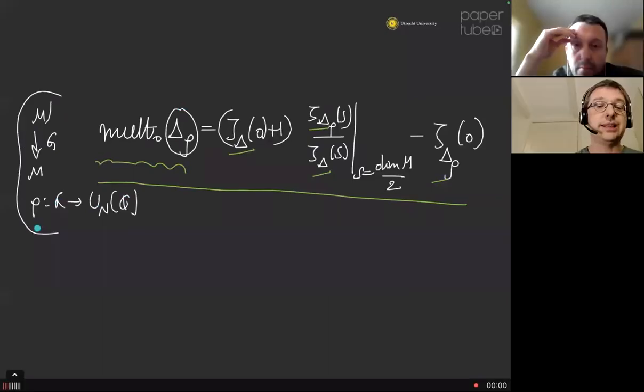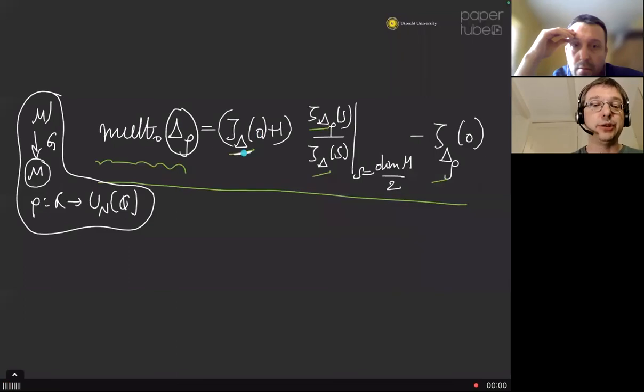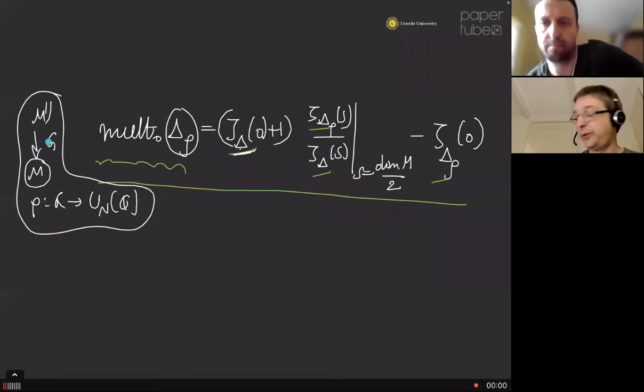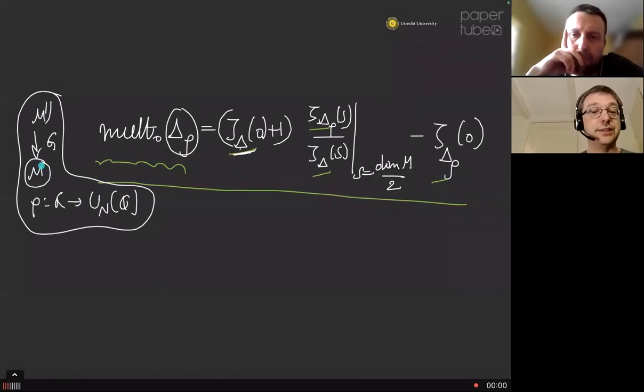And given this setup, if you have the twisted Laplacian on M and the usual Laplacian on M, then the multiplicity of the twist at 0 is determined only by the zetas of the usual one and the twisted one. Yeah, you have to imagine we're back in the old setting where I defined the twisted Laplacian. Yes. Okay.